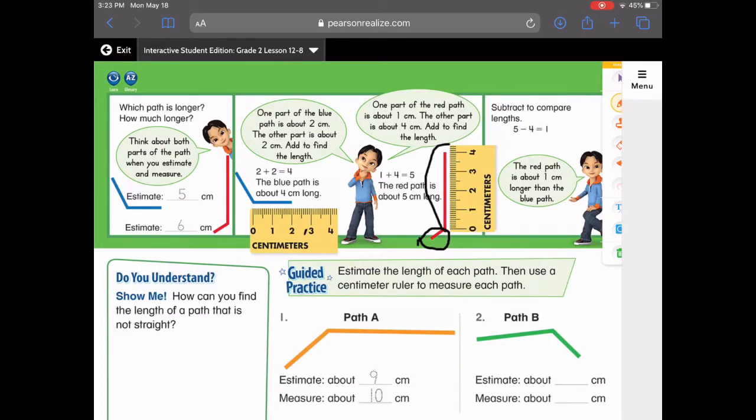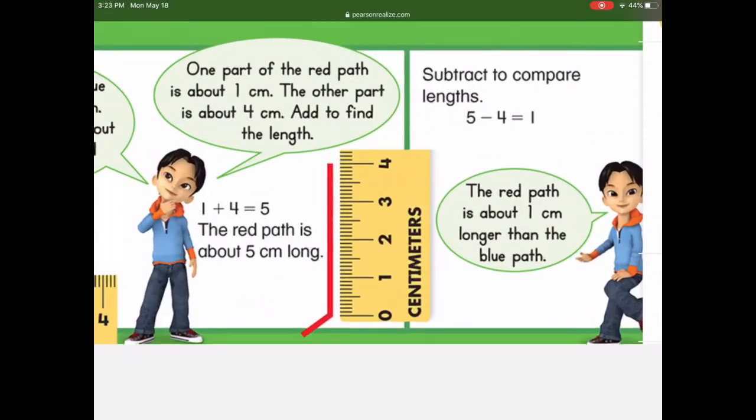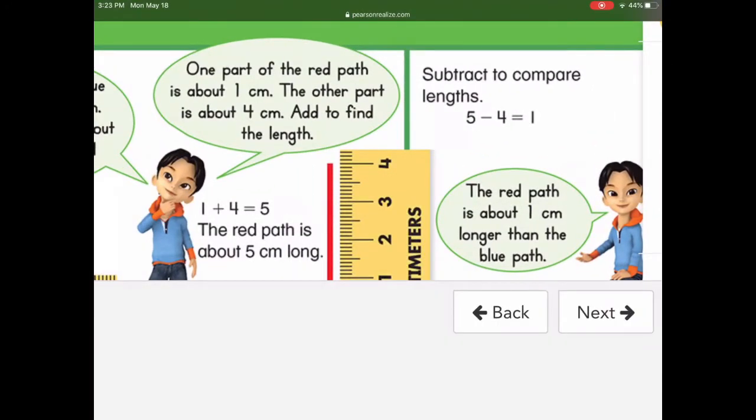And the longer part sticking straight up was 4 centimeters. You can tell because of the ruler that they put next to it. And so those two sections added together are 5 centimeters. Then you would subtract the two lengths that we found, you would subtract blue from red to find the difference. And the red path is about 1 centimeter longer than the blue path.